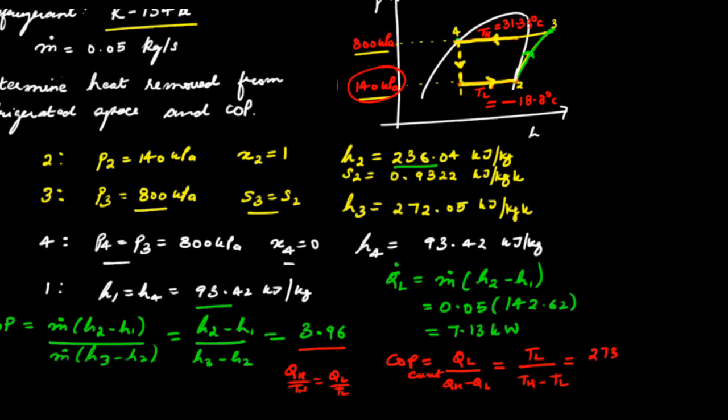So we have 273.15 minus 18.8 divided by the difference in temperatures, that is 31.33, and minus of minus 18.8 is plus 18.8, and if you do the calculation you get 5.82. So as expected, the COP of the vapor compression refrigerator is less than the COP of a Carnot cycle refrigerator.